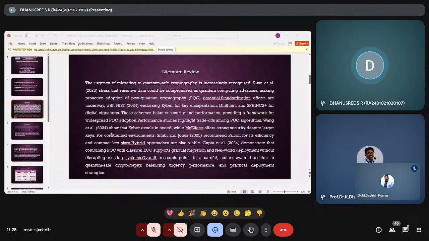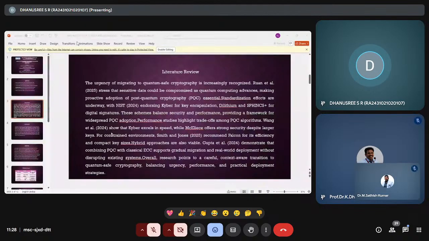So that's where post-quantum cryptography comes in. It's designed to resist attacks from both classical and quantum computers. Our goal is to help make the shift toward quantum-safe communication smoother.